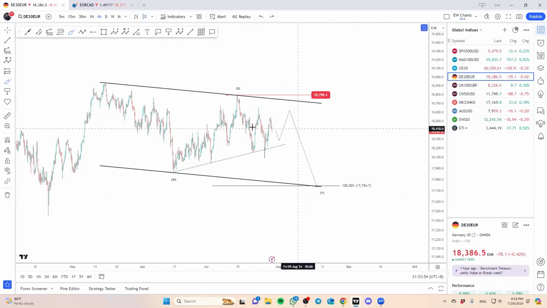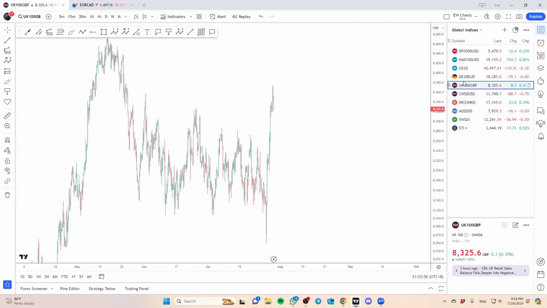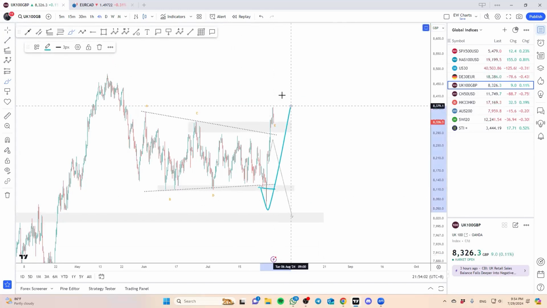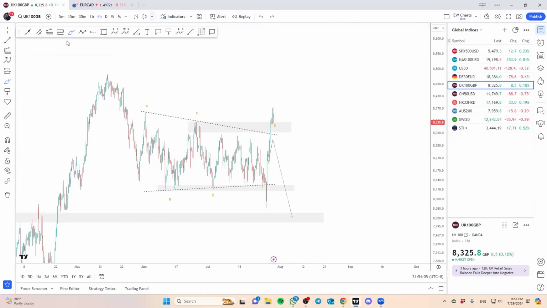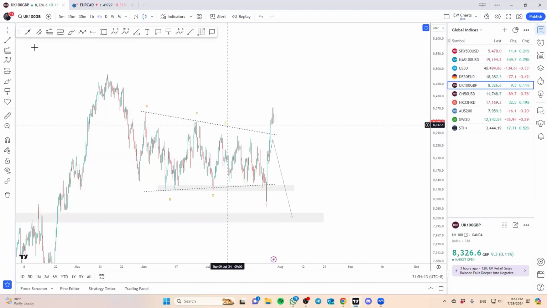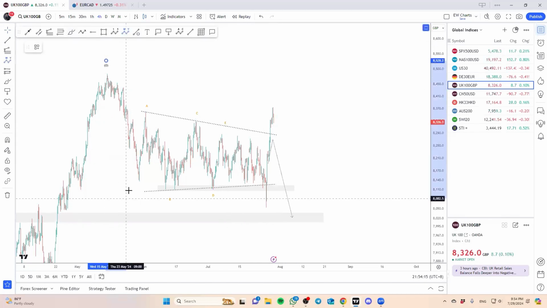If you ask me, I'm probably not going to be focusing too much on this. FTSE kind of did a break here and then bounced up very impulsively. So how I'm gonna look at this here and readjust this analysis is that I'll take it from this angle here.